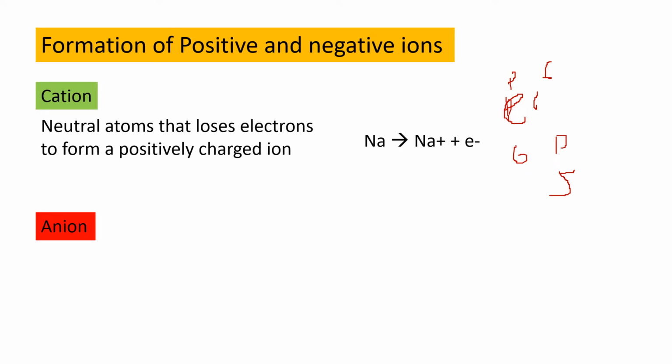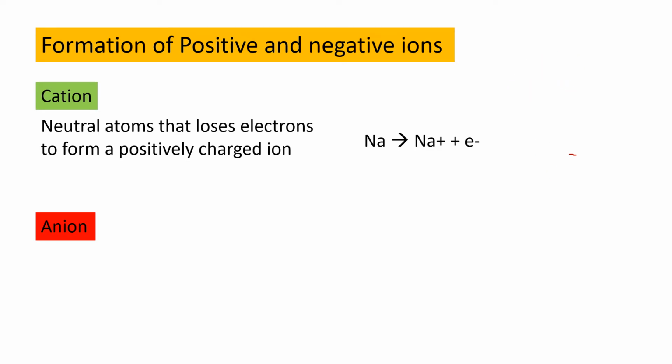So now you have an imbalance of charges, because you have six positive charges but only five negative charges, because one of the electrons is removed.